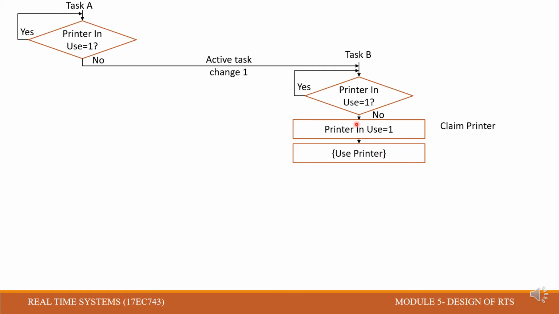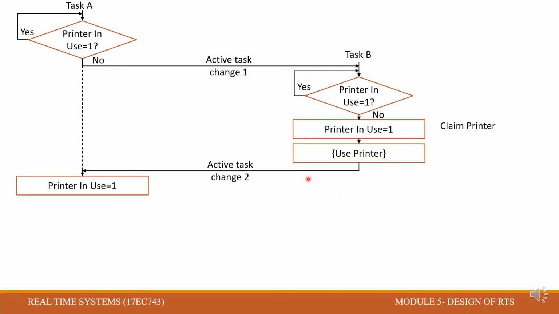Before the completion of task B, the dispatcher again forces, and task A is resumed after the first instruction. It resumes back to the position where it was interrupted, and again it says printer in use is 1. Initially it was 0, but before it started execution, task B claimed the printer.